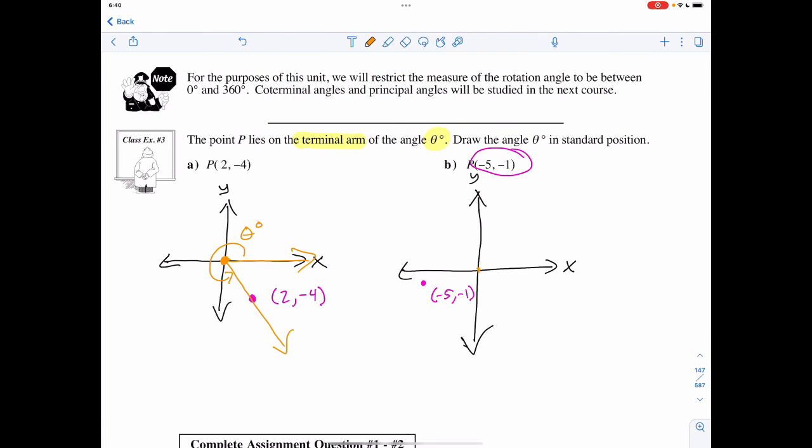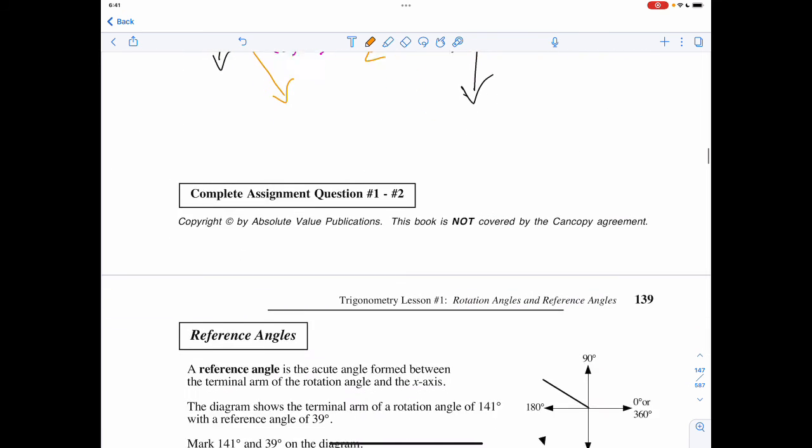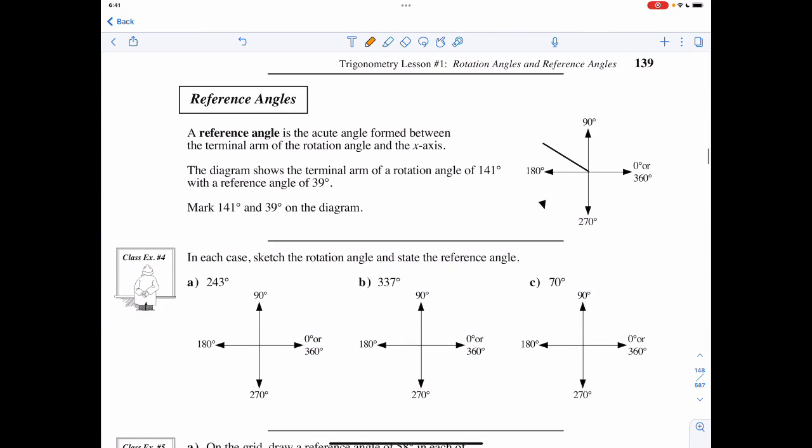I'm going to show that my initial arm starts along that positive x. My terminal arm is going to run along here and is going to rotate in this direction theta degrees. So those are our angles in standard position.